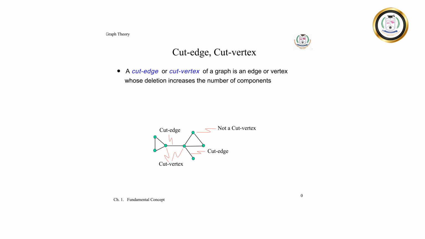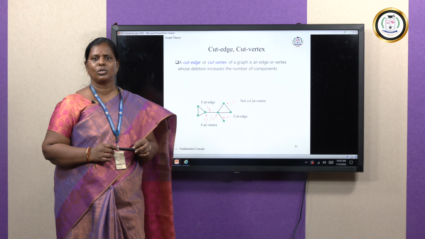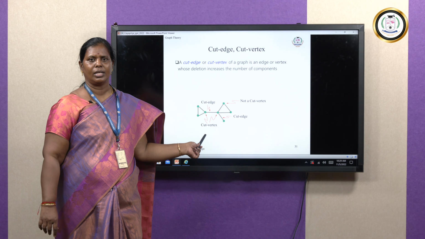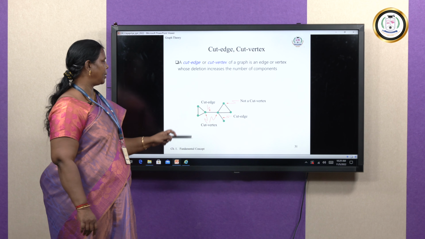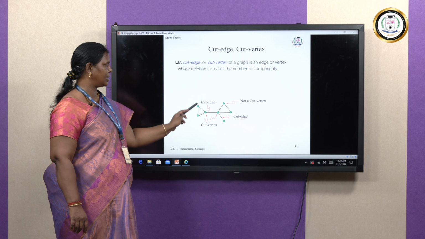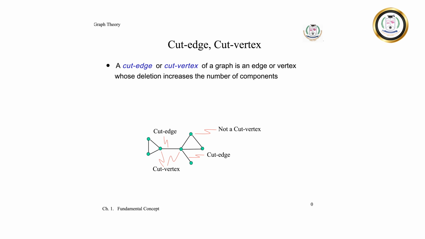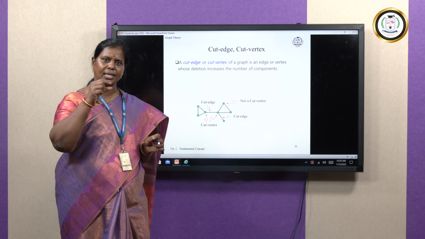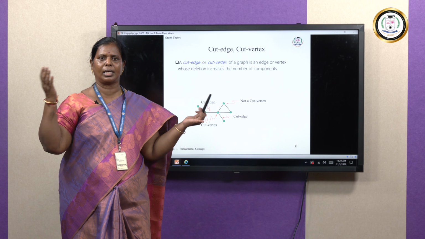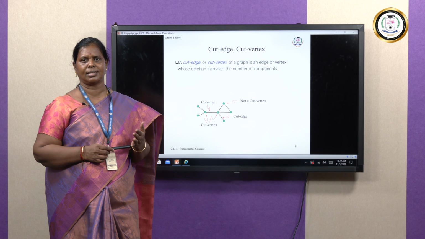So now we'll look into the meaning of a cut vertex and cut edge. For a given graph, see, whenever you are able to identify a particular edge, if by removing it you get more components, then we call that particular edge a cut edge.